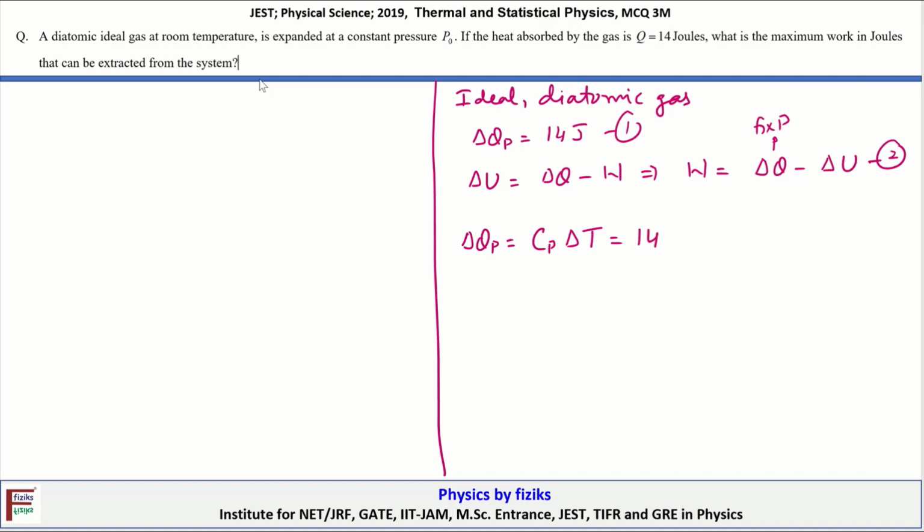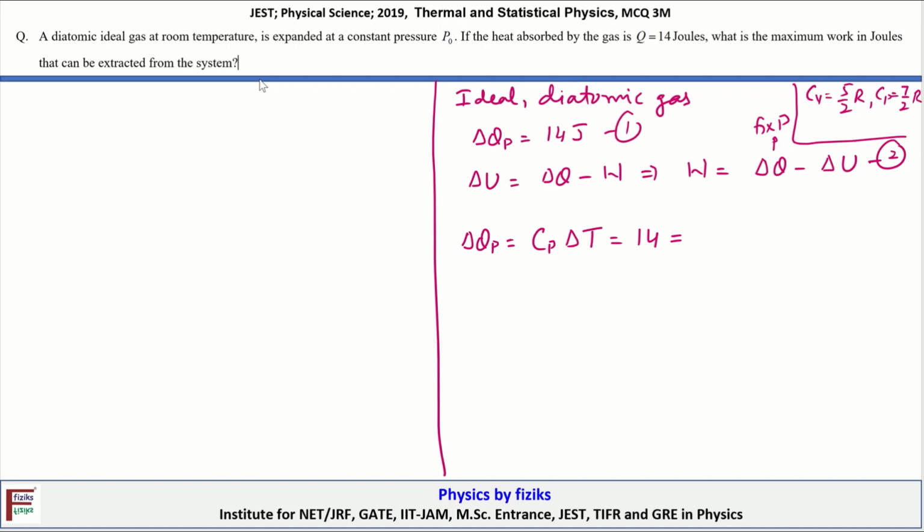And this is given to be equal to 14 joule. Now let's substitute the value of Cp for the diatomic gas. Note that a diatomic gas has 5 degrees of freedom, 3 translational and 2 rotational, at ordinary temperature. So Cv will be 5/2 R per mole and Cp will be 7/2 R per mole.